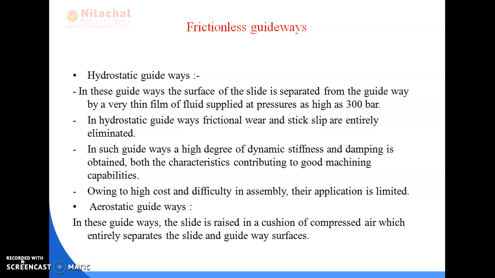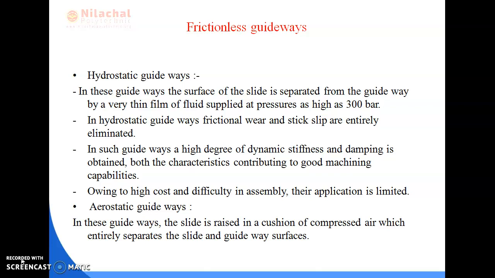Frictionless guideways. There are two types of frictionless guideways used here. One is hydrostatic guideways and another one is aerostatic guideways. The hydrostatic guideways. In these guideways, the surface of the slide is separated from the guideway by a very thin film of fluid supplied at a pressure as high as 300 bar.